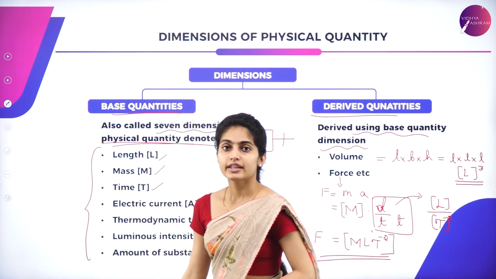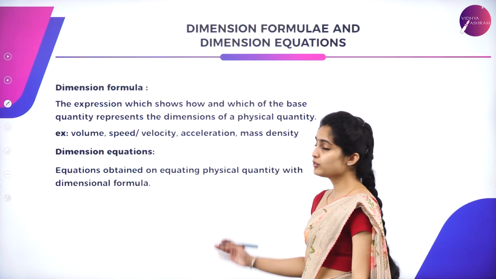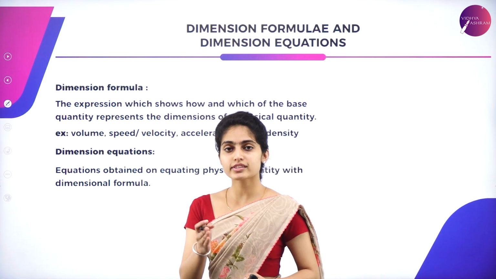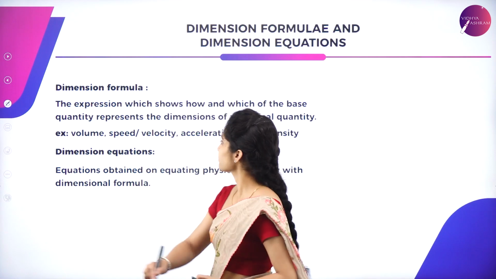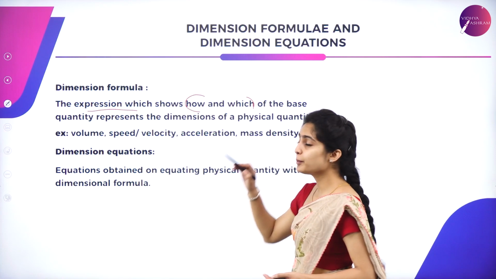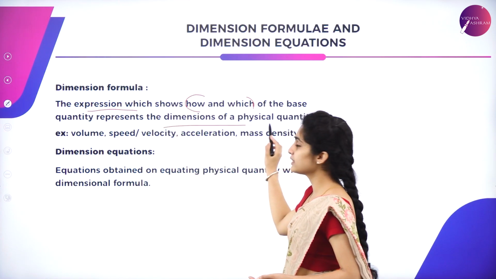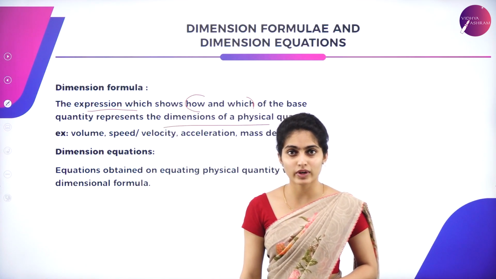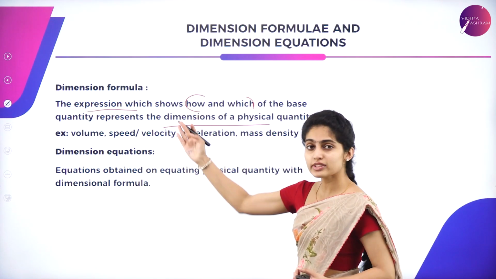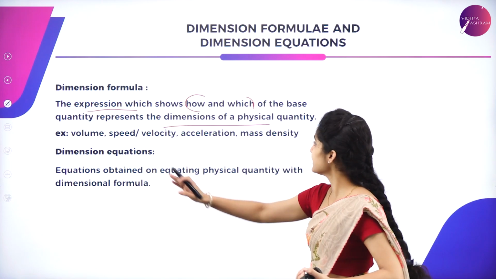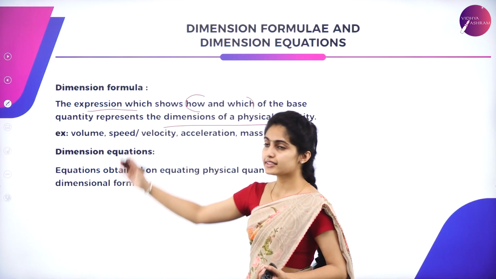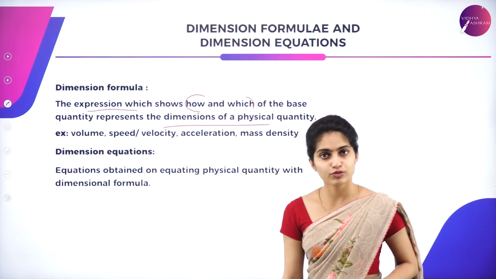So now, next coming to dimension formula as well as dimension equation. So what is this dimension formula? The expression which shows how and which of the base quantities represents the dimension of a physical quantity is nothing but the dimension formula.